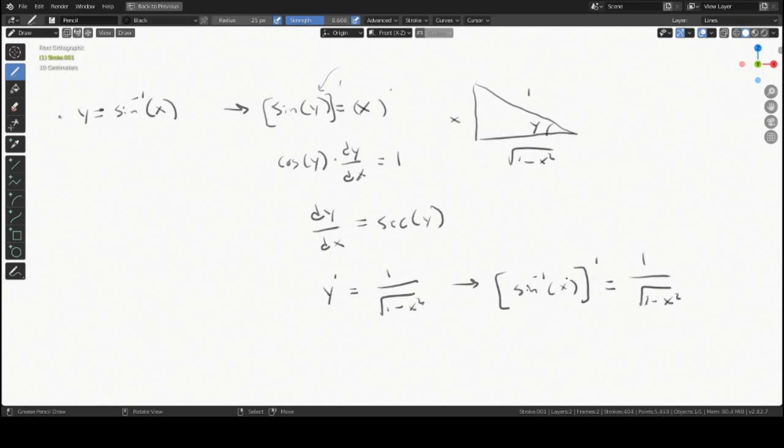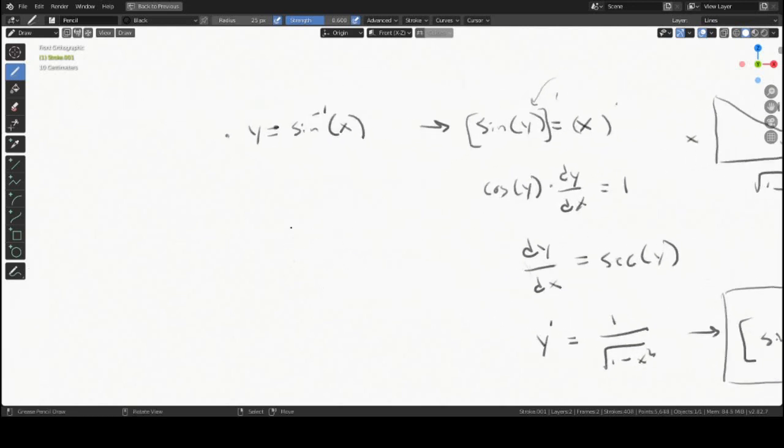Now, we could do this for all of the inverse trig functions, but I'm going to go ahead and just give you a couple of the main ones. So let's see, we have cosine inverse.